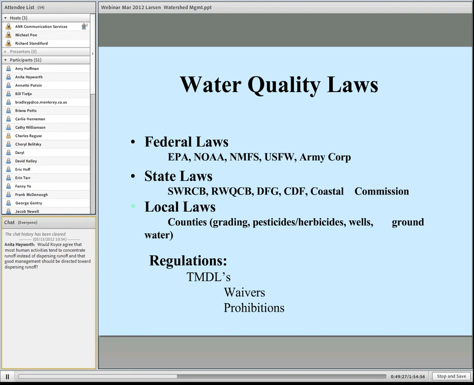There's also local laws dealing with grading and pesticides and groundwater and wells, etc. Even though sediment is a very important issue, what we're finding the most right now on the Central Coast is fecal indicator bacteria and not sediment so much. So it just depends on who you're working with and what the issues are.